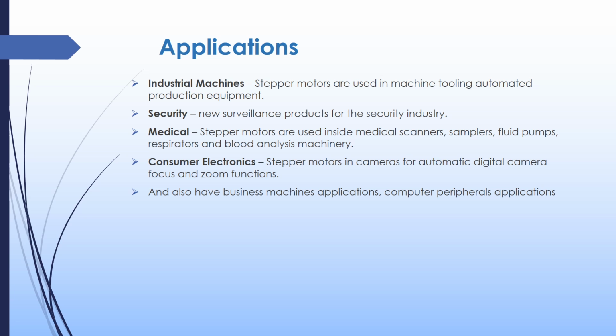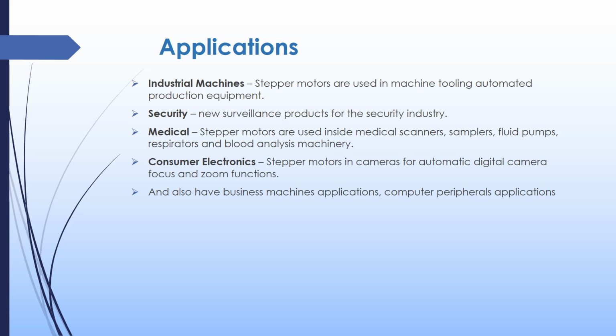There are plenty of applications for the permanent magnet step motor. For industrial machines, step motors are used in machine tooling and automated production equipment. For the security part, new surveillance products for the security industry.